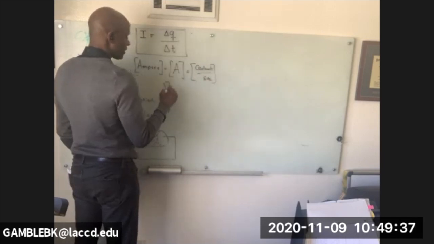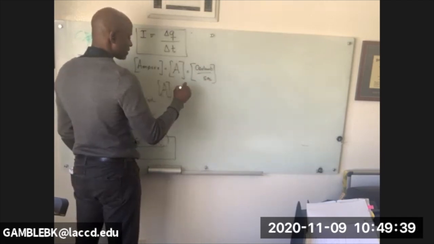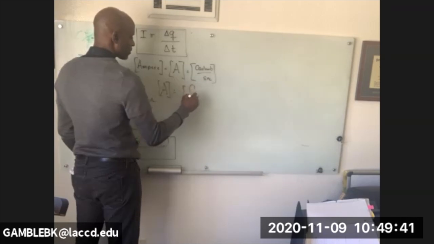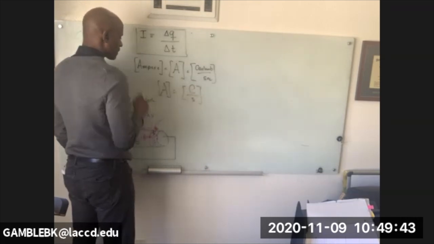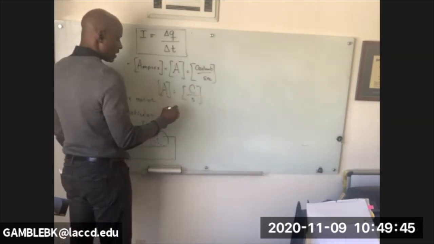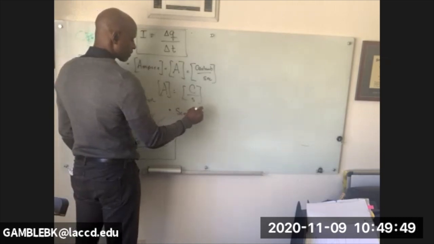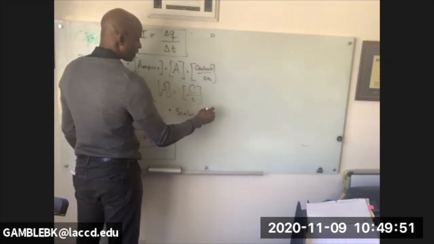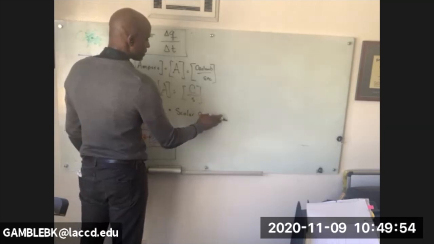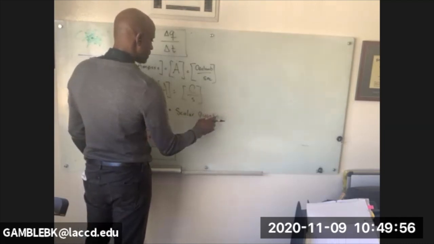So an ampere in the MKS system is coulombs, capital C, per second, S. Current is a scalar quantity. It doesn't have a direction.